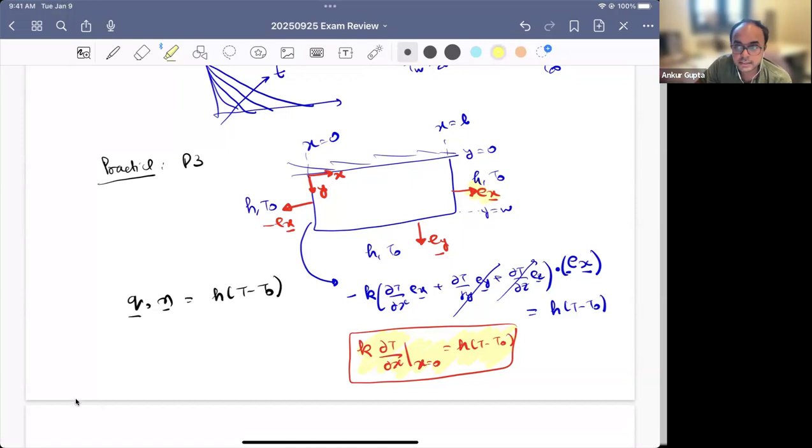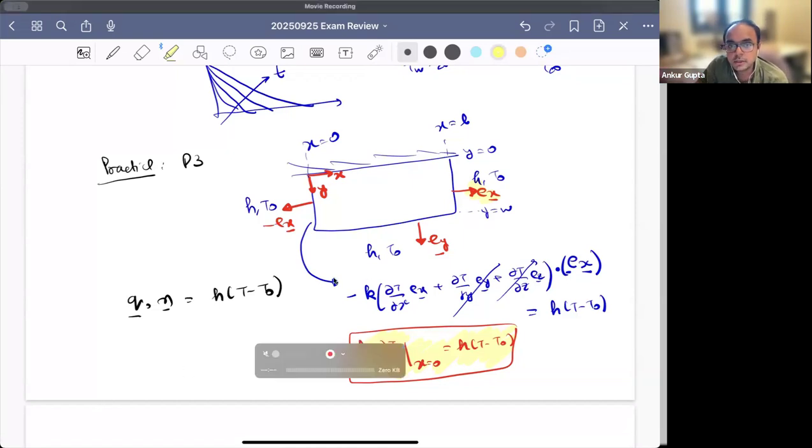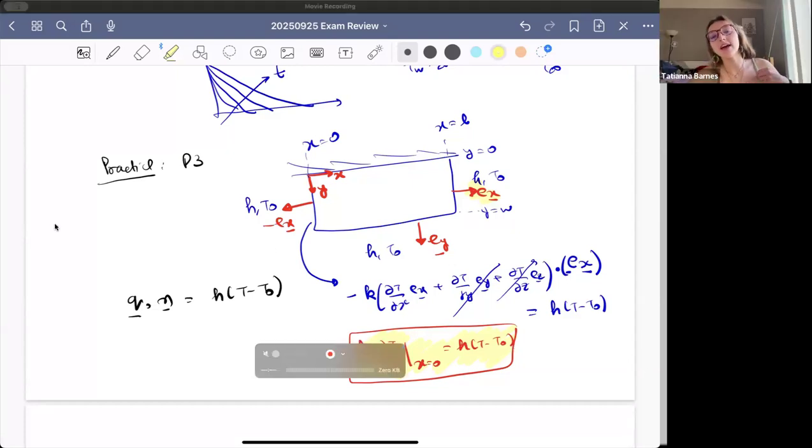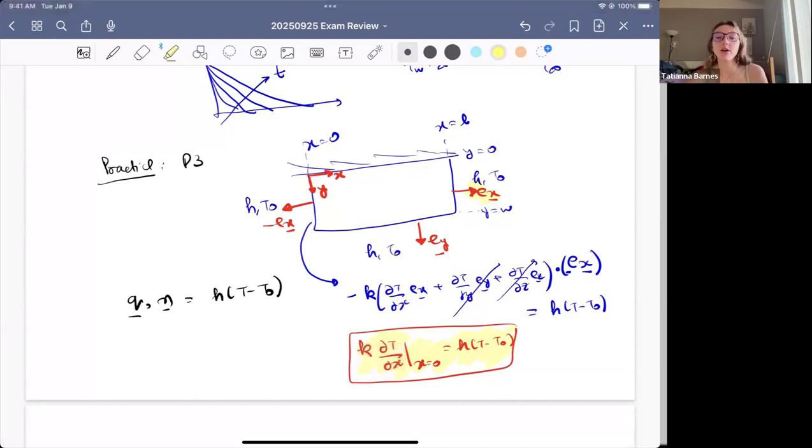So it's minus K del T by del X. For the bottom, Y equals W, I also have a plus EY, so it'll be minus K del T by del Y equals h(T minus T naught). So in this case, I will have A as the correct answer, and then A, D, and F. I think I was getting hung up on only doing one, but I see why you have to do all three. Perfect, thank you.